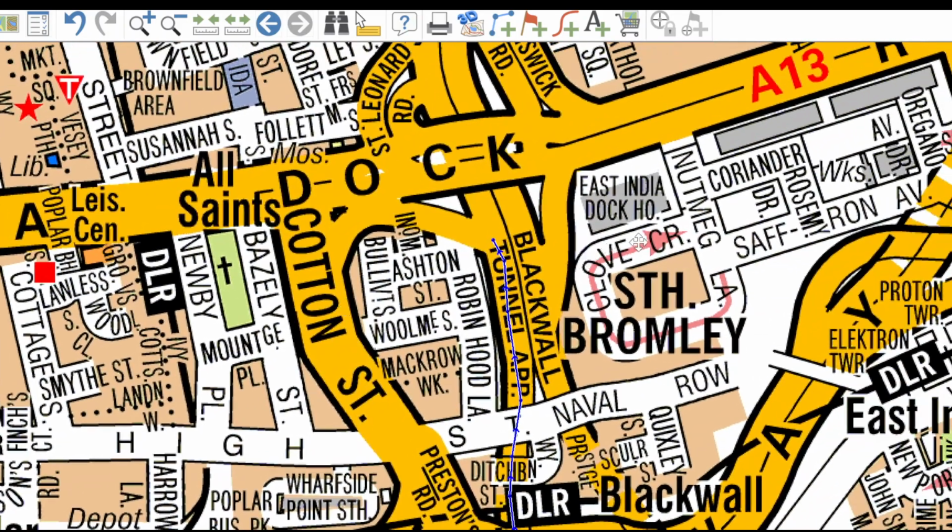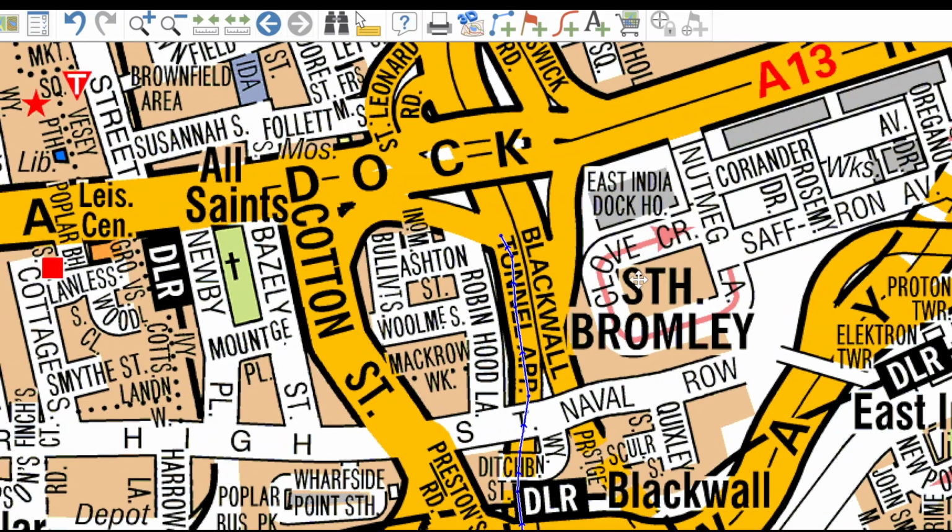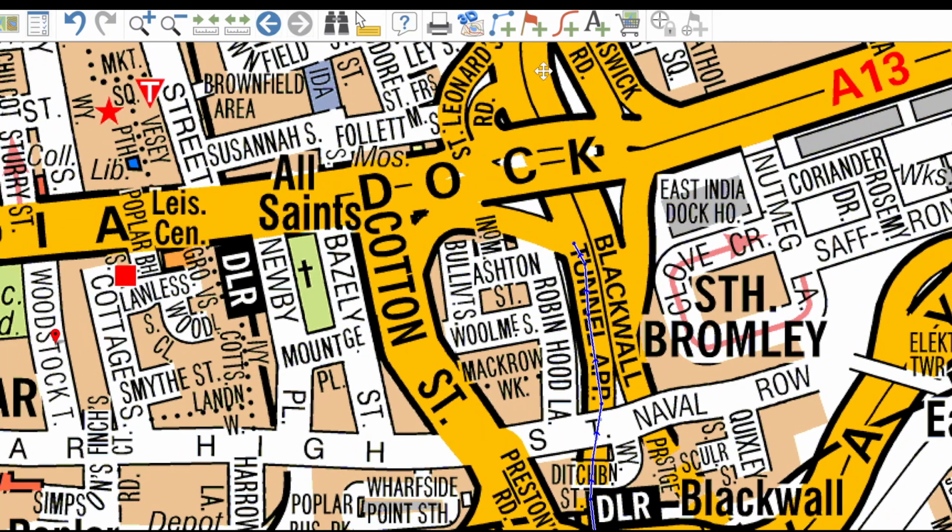If your point is here on the right hand side, then how could you go to this point? I will tell you in the next part. But here I am simply moving towards the left. So you can leave like this towards the left hand side. You will simply move like this and keep yourself on the left hand side.